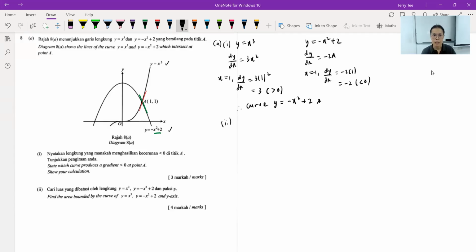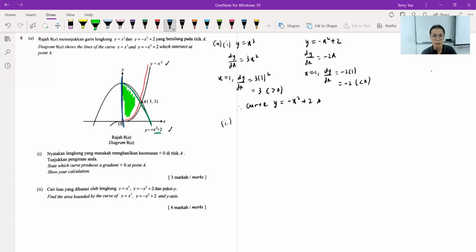Okay, Roman 2. Find the area bounded by the curve y equals x cubed. So y equals x cubed is this curve, right? And the second one, y equals minus x squared plus 2. Maybe I highlight here. And the third boundary is your y-axis. The y-axis is here. So you can see the area bounded by these 3 lines is the area in between.